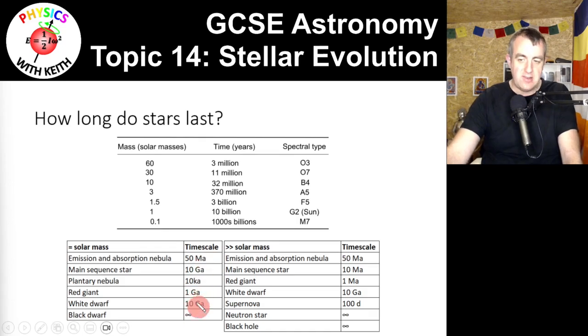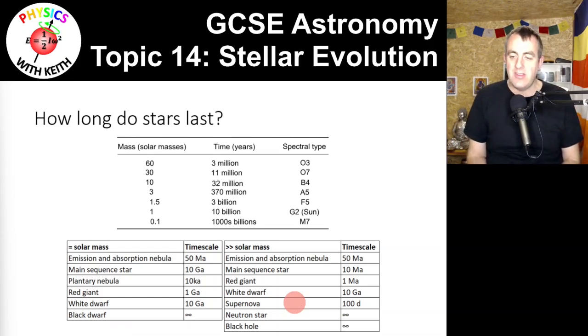That's what that means. So emission and absorption nebulae can last for around about 50 million years if they're about the same as a solar mass, and about the same if they're much greater than a solar mass. You're not going to get black dwarfs at masses much greater than solar mass. You get more than 1.4 solar mass, you can't make your white dwarfs.